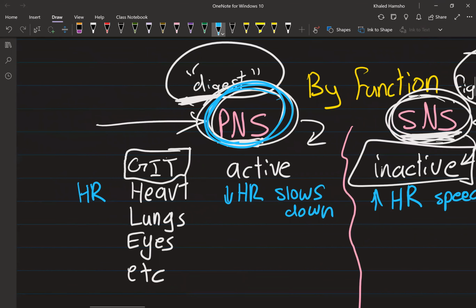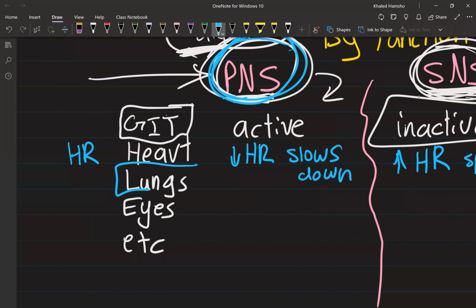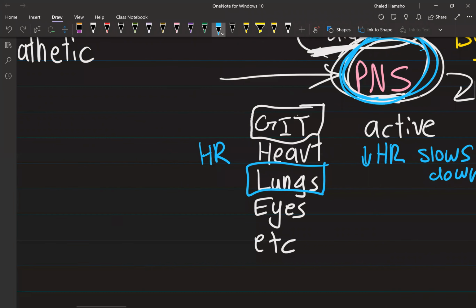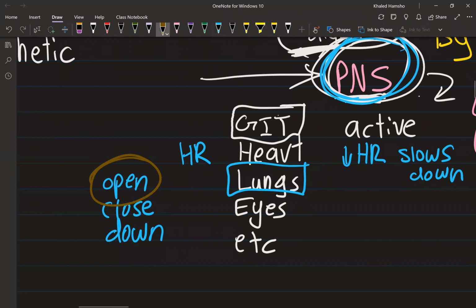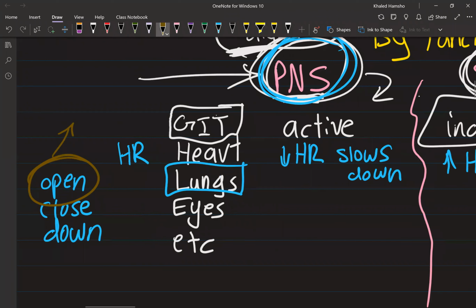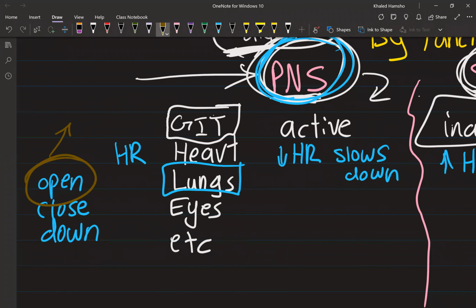Now, as far as lungs are concerned, let's think about it for a second. In the lungs, the airway either dilates and opens up, or closes down. Generally, your lungs open up when you need more oxygen. And when do you need more oxygen? When you're using more oxygen. And when do you use more oxygen? When you're, say, running away from a lion again.